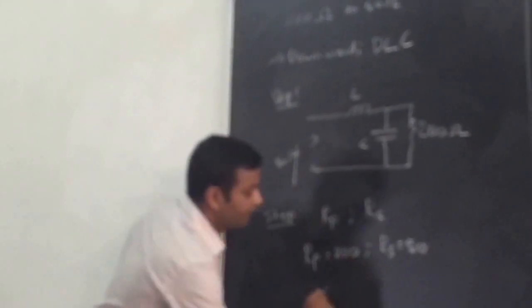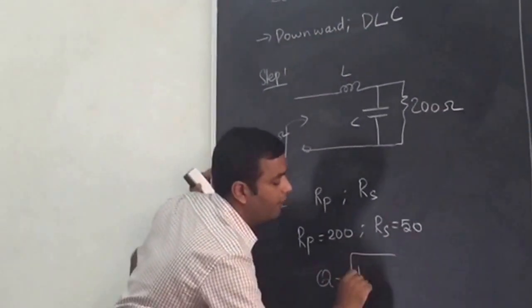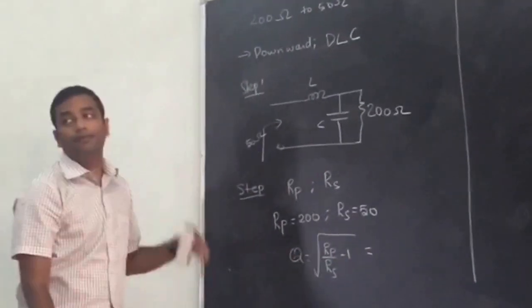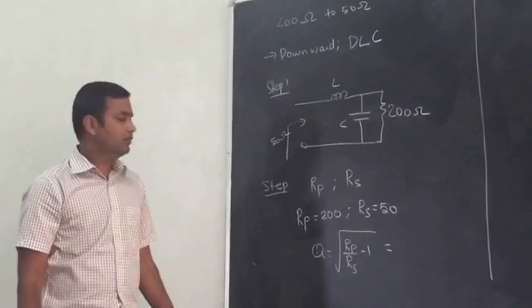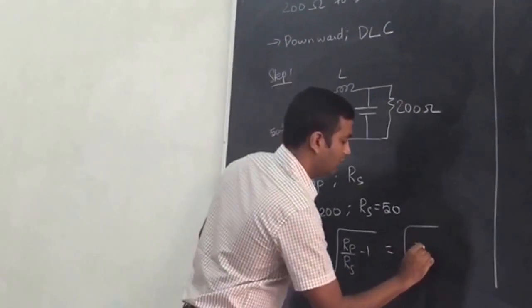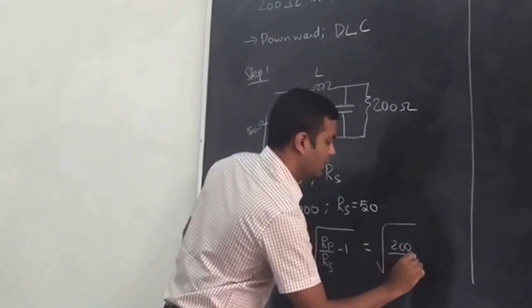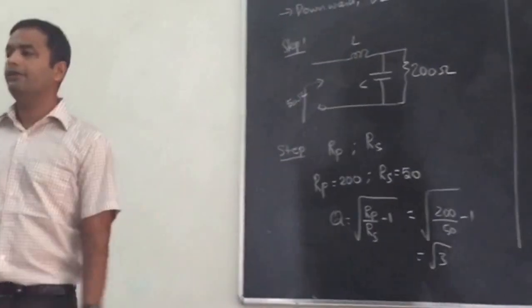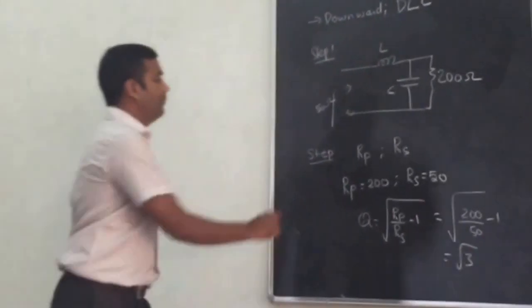So what is Q? Root of RP by RS minus 1, root of 200 by 50 minus 1, root 3, 1.732. Is it okay?